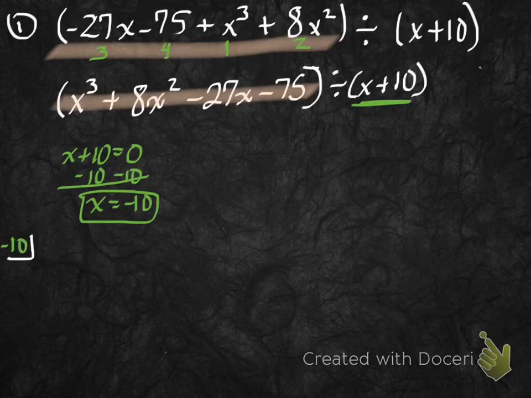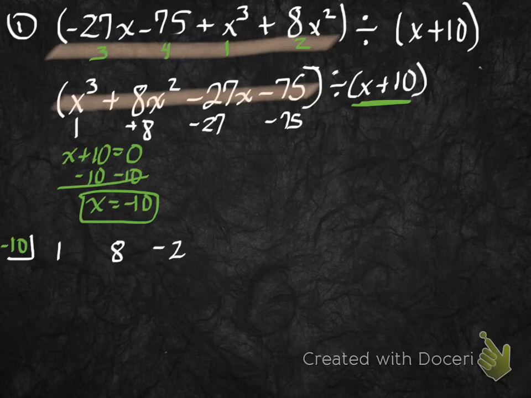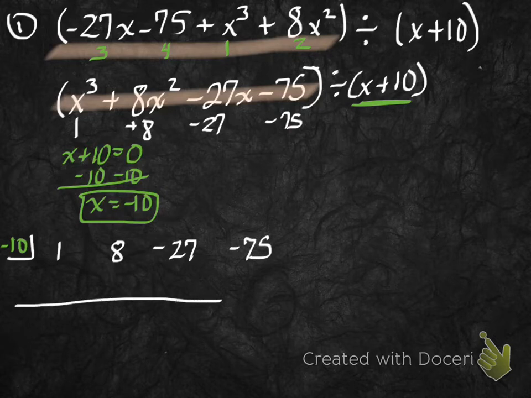The coefficient for the first one is 1, then a positive 8, negative 27, and a negative 75. I'm going to write those down here, leaving a space between each one. Skip a line, and then draw a horizontal line right after that.